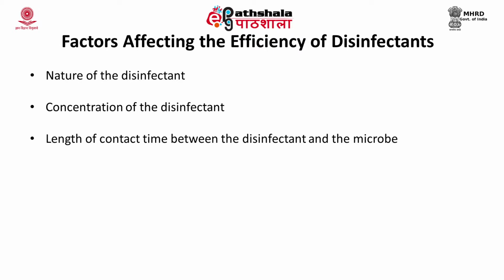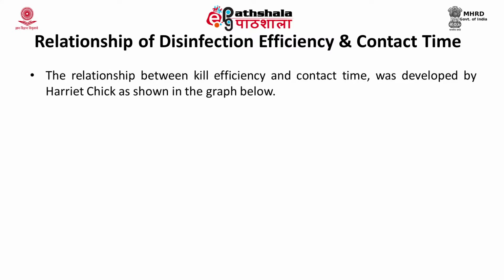As the contact time increases, the efficacy of the disinfectant also increases. The relationship between kill efficiency and contact time of the disinfectant was developed by Harriet Chick, and this is also known as Chick's law.